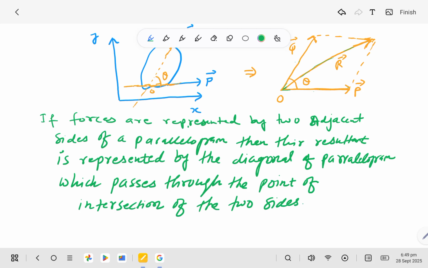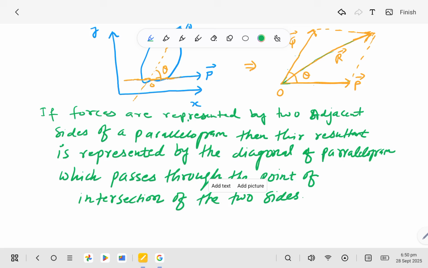Okay, so this is the law of the parallelogram. If the forces are represented by the two adjacent sides of the parallelogram, then their resultant is represented by the diagonal of the parallelogram which passes through the point of intersection of these two sides.